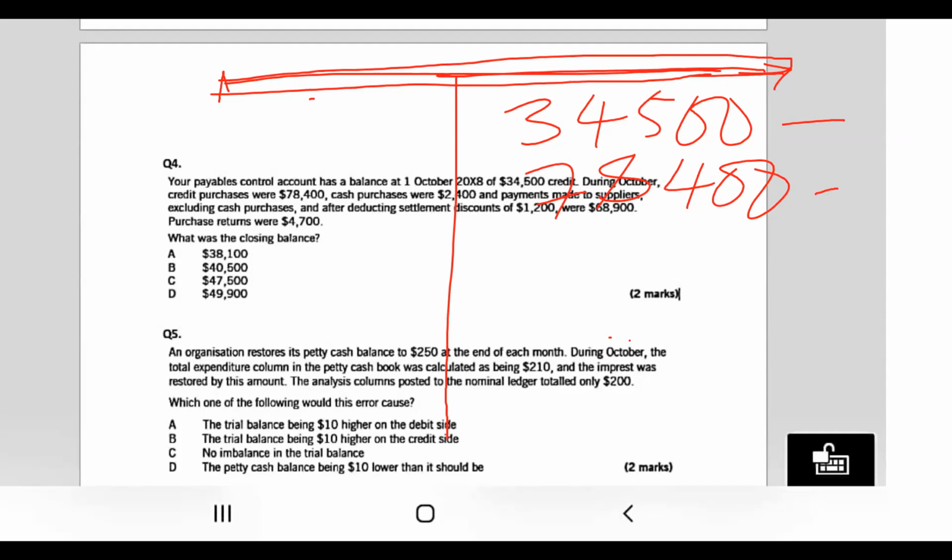So where do you think we need to record the settlement discounts? Is it on the credit side or on the debit side? From your basic knowledge about the control accounts.